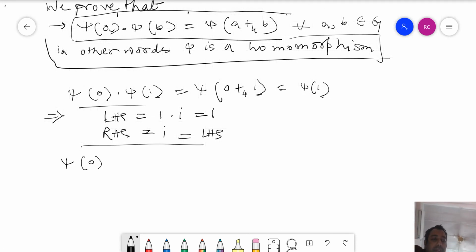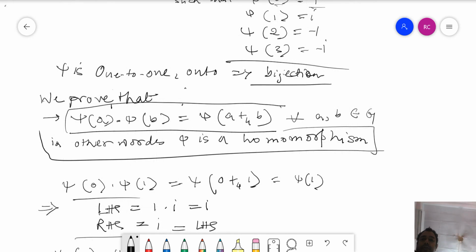Next we have phi 0 dot phi 2, and that gives us phi of 0 plus modulo 4 2, which gives us phi 2.